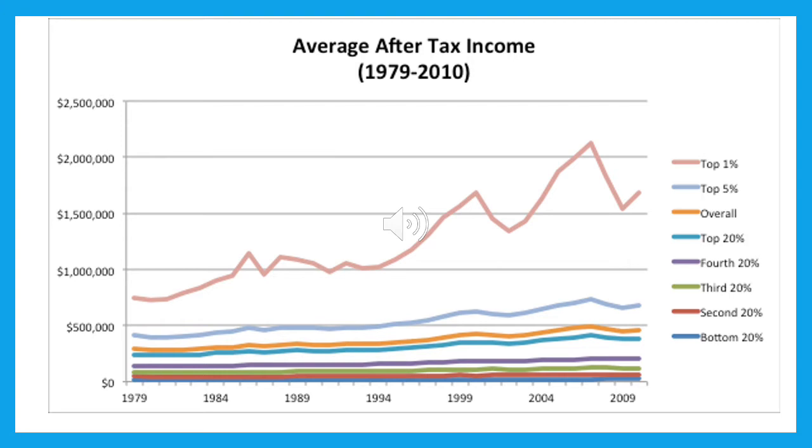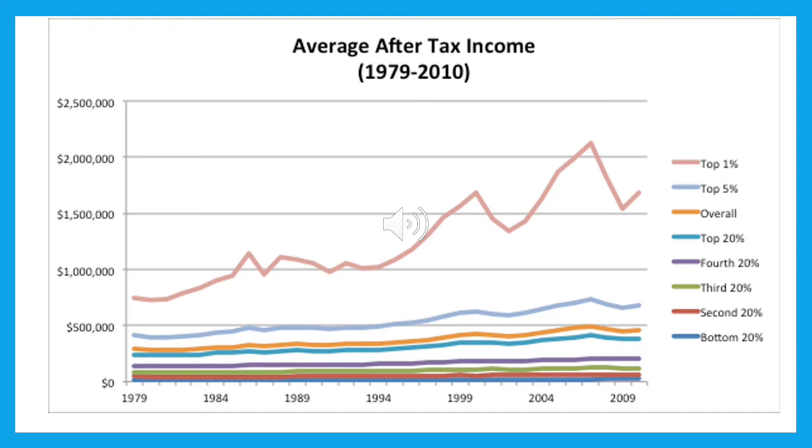Then if you look at the rest of the nation, basically, you can see a little movement in this top 20%, who went from about $250,000 a year after taxes to almost $500,000 a year after taxes, with just a tiny peak and dip related to the 2008 recession.